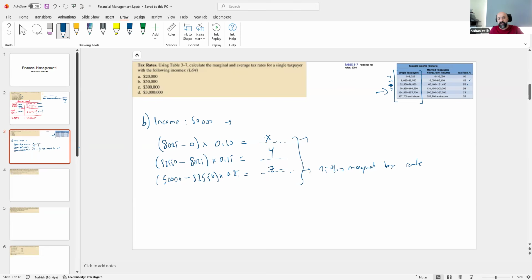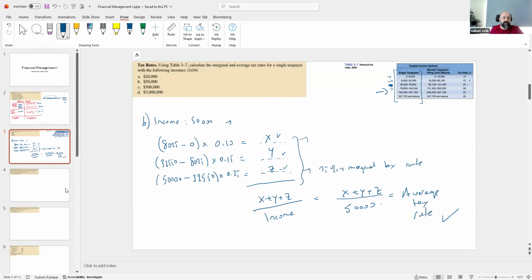All you need to do is sum all the tax amounts you paid, which is X plus Y plus Z, and then divide this amount by your income level. You sum them up and then divide by 50,000. This is going to be the average tax rate.